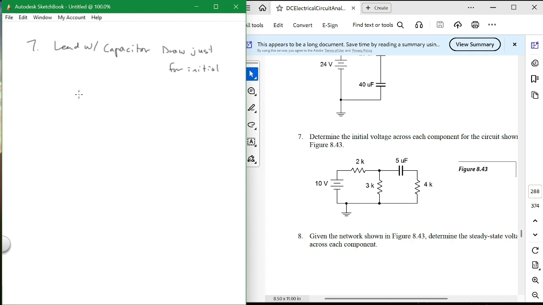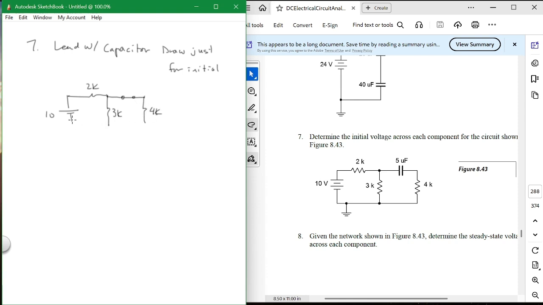All right, so what do you do in this situation? Well, here's your 10 volts. Here's my 2K. Here's my 3K. Here's my capacitor, but what do I do about the capacitor? I go right through it, because it's a short, 0 volts. Everybody agree with that? It's a short. So I do this, or I can just draw straight through it. And then I draw 4K.